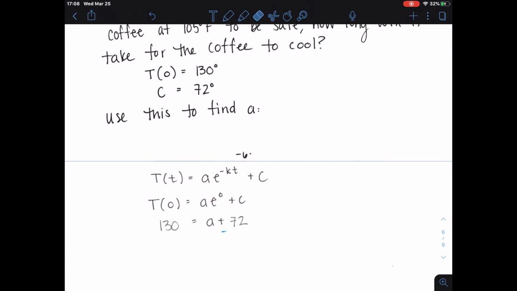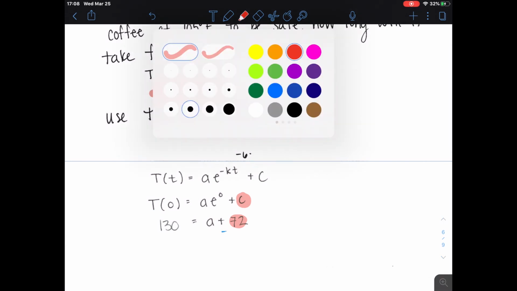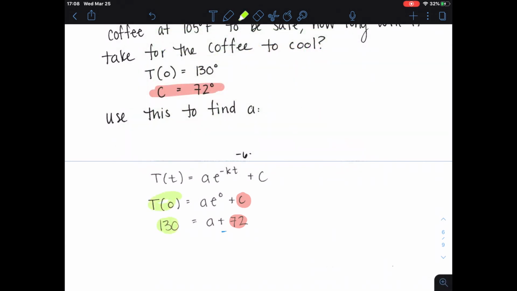The temperature at 0 is 130, and then the temperature of the surrounding medium is 72. This part comes from here, and the temperature at 0 minutes is 130. So you can just subtract 72 from both sides to get that A is 58.